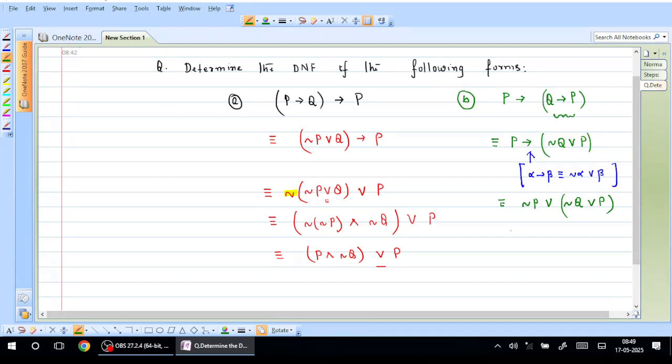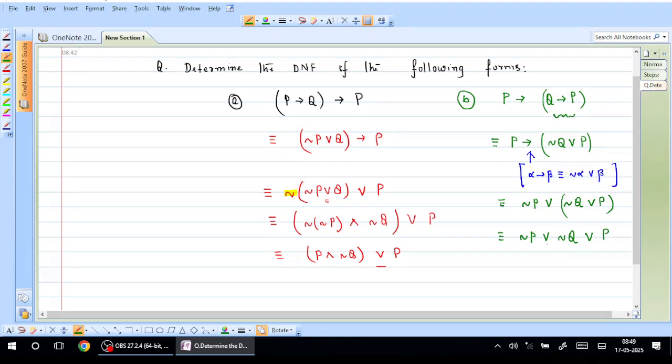Here I have negation of P join negation of Q and join here, right?